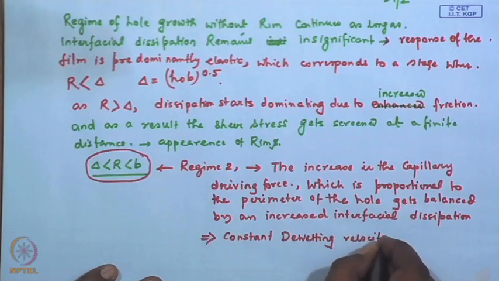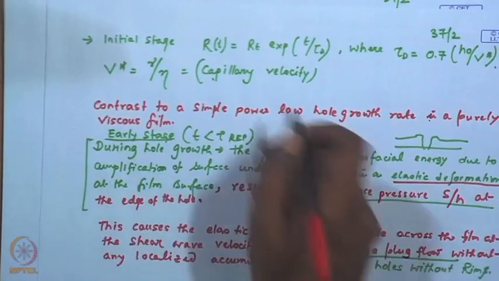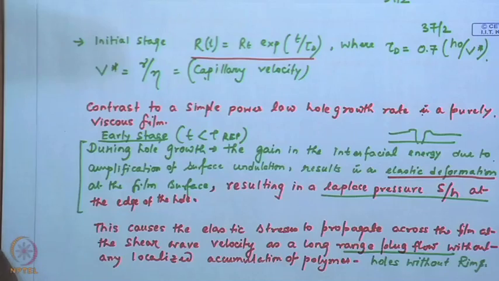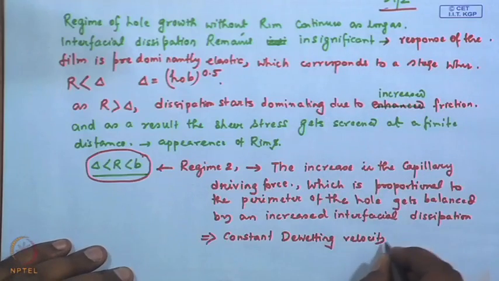So, this is important. In the initial case, we had a dewetting velocity, or the hole growth rate, which had an exponential increase, but now in the regime 2 the dewetting velocity becomes constant.